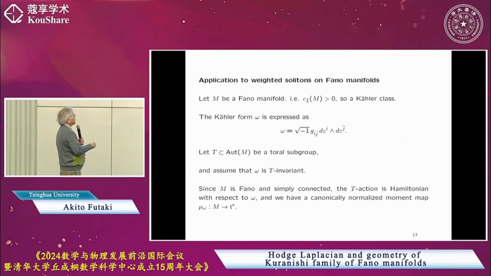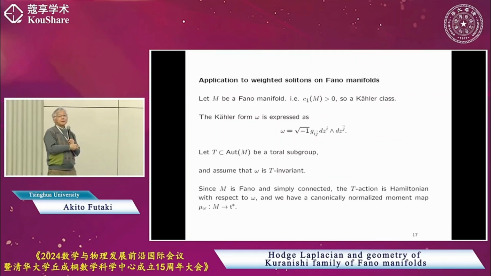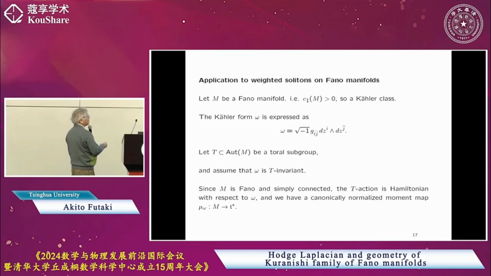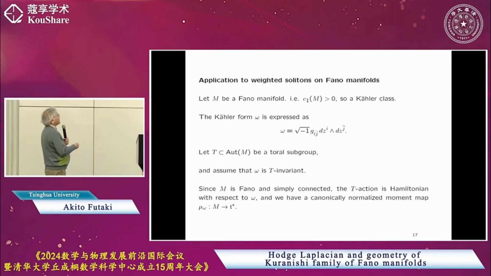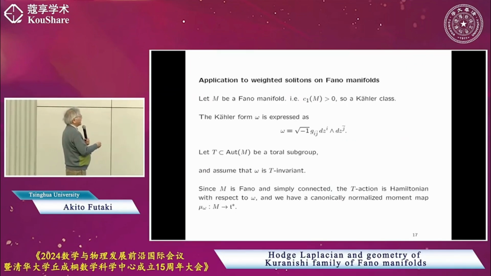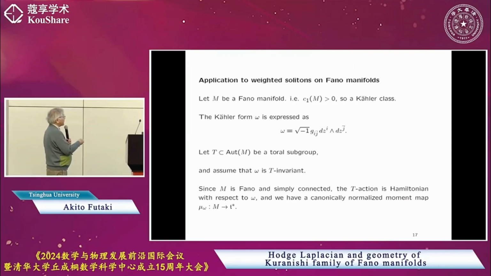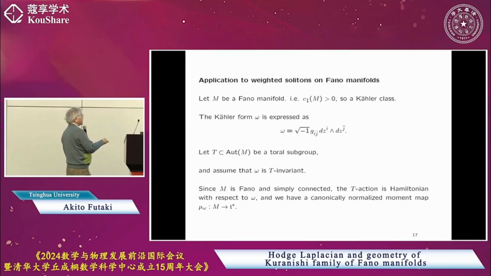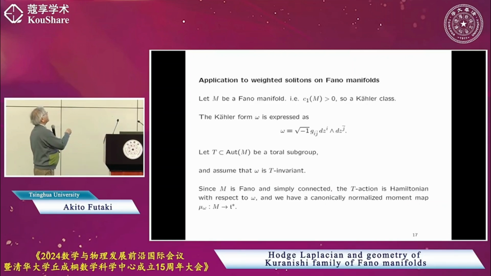So on the anti-canonical line bundle there is a natural torus action. So it gives a canonical normalization. It is related to the Laplacian eigenfunction, eigenvalue, but I will not go into detail. But anyway, this general theory gives a unique normalized moment map.